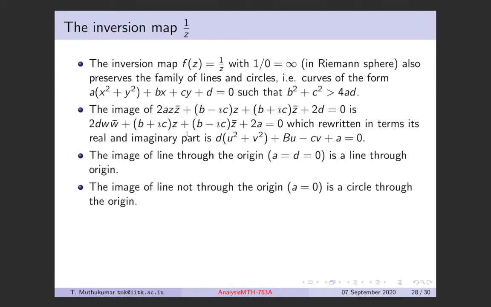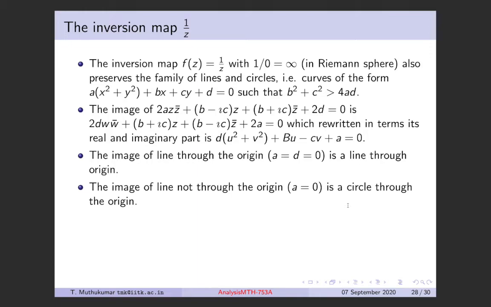Similarly, for a line not passing through the origin, only a is 0, so it's a line with b, c, d available. The image of that, with d nonzero, is a circle passing through the origin. So the image of a line not passing through the origin is a circle passing through the origin.